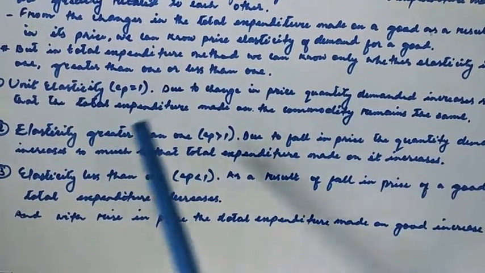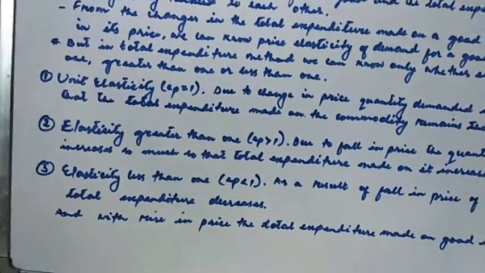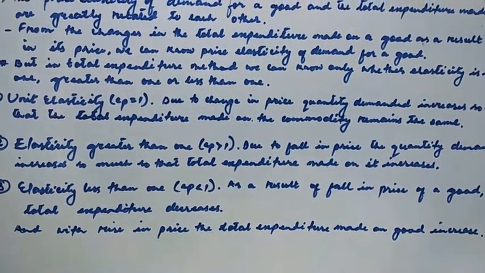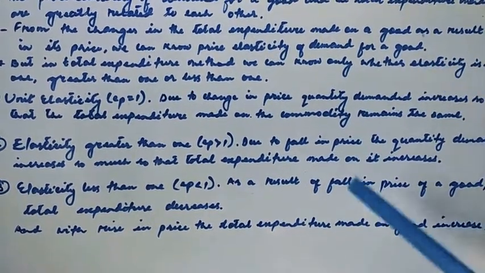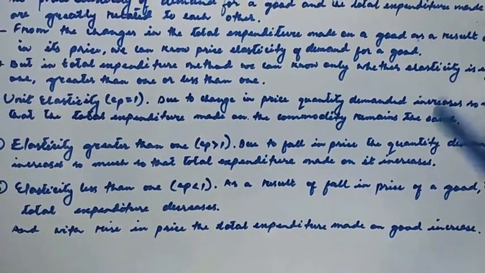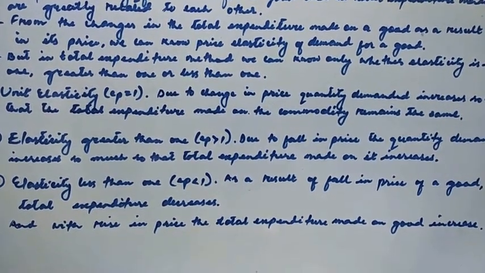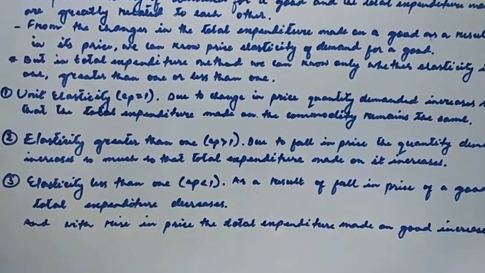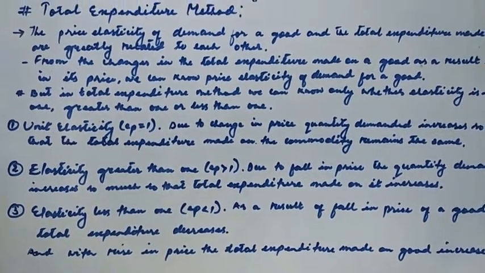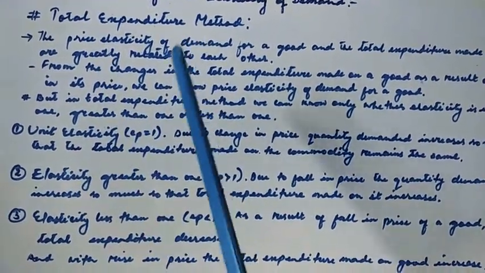So in this case, the fall in the price is leading to a decrease in the expenditure on that good, and the rise in the price will lead to an increase in the total expenditure made on a good. So that is the case of elasticity less than 1. These are the three conditions which we can find out by using the total expenditure method.